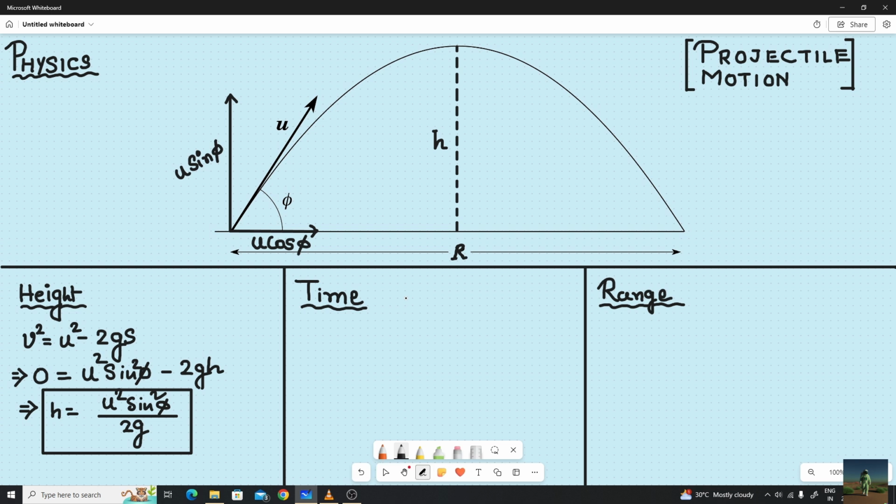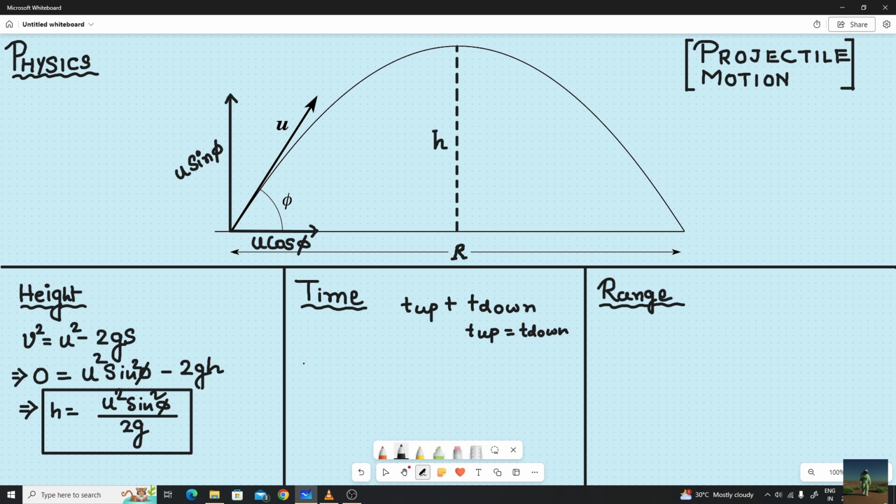That means t up, from this point to this point, is the required time, plus t down, that means from this point to this point, is the required time. And you know that t up equals t down.